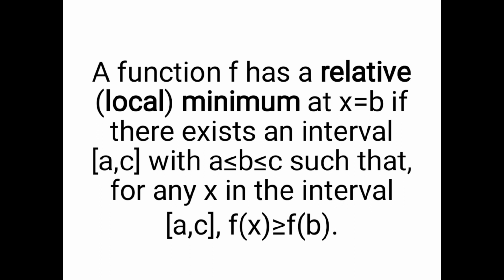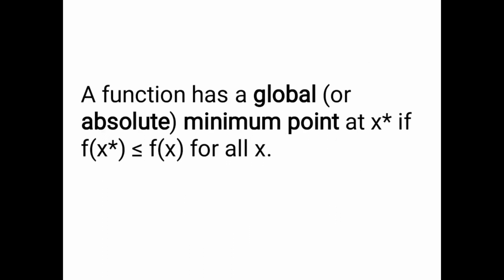A function f has a relative or local minimum at x equals b if there exists a closed interval containing a and c, such that for any x in the interval we have that f of x is greater than or equal to f of b.